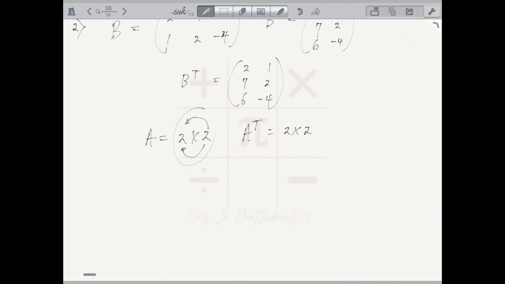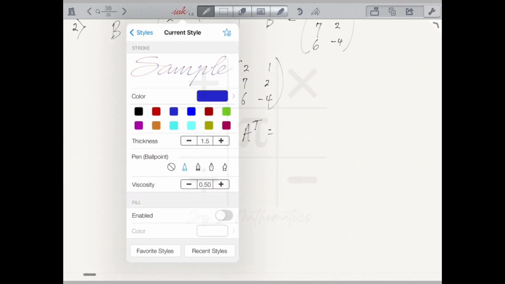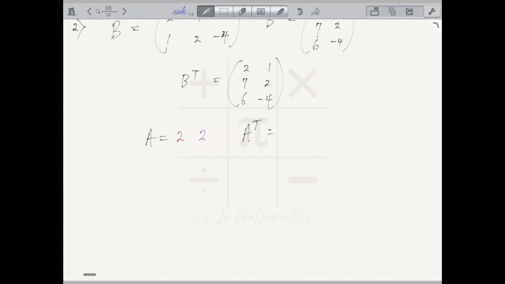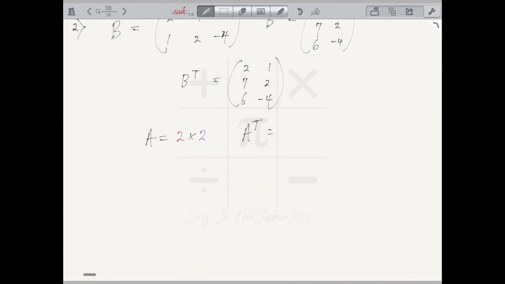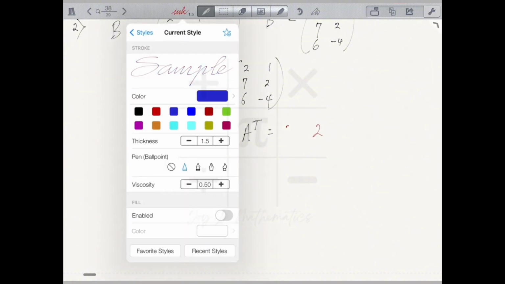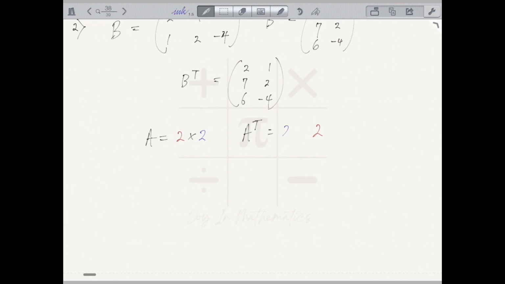Let's make this a little more sensible. I have a 2 by 2 matrix, and A transpose is mirrored such that the row number becomes the column number, so this will be a 2 by 2 matrix.